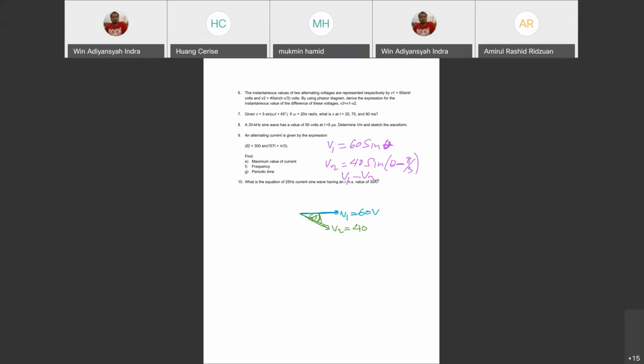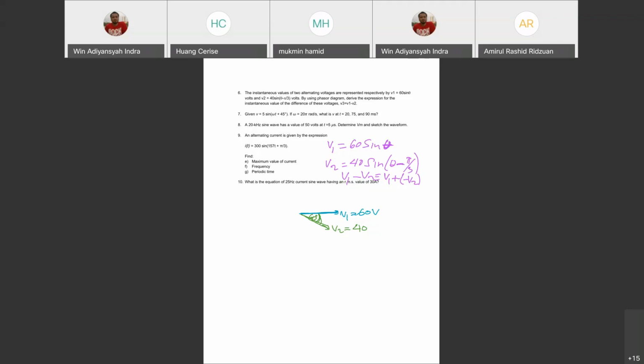But then the question is V1 minus V2. V1 minus V2 is equal to V1 plus minus V2, right? So if the green arrow is V2, then minus V2 is the opposite.